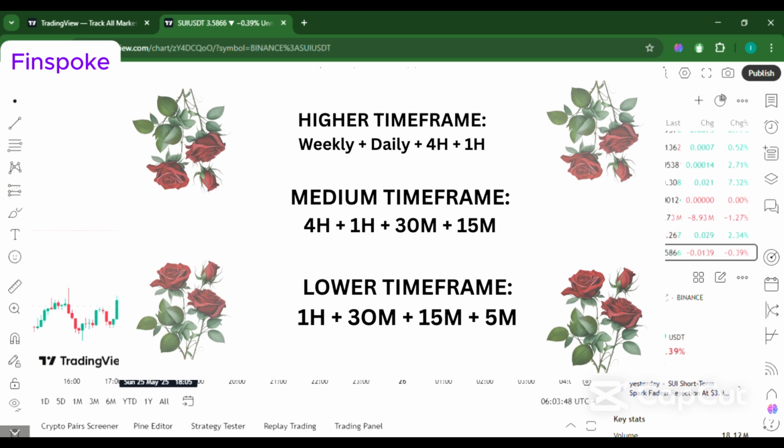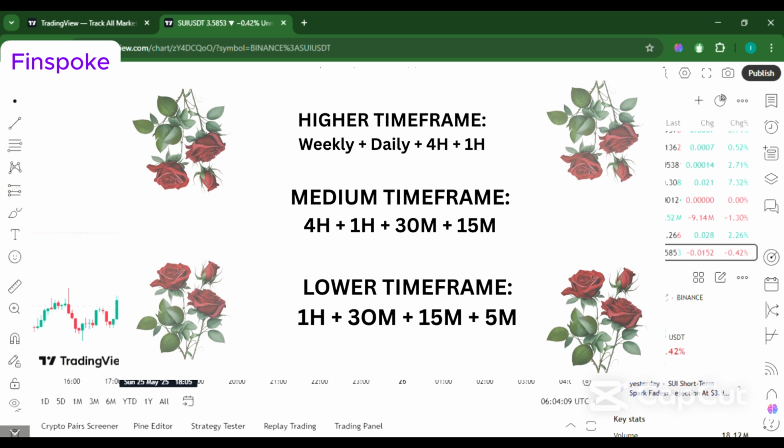There's something I also want you to note, and we call it time frame relevancy. It's very important. What I mean here is that when you are pairing time frames, do it logically. It is very wrong to jump from the daily time frame down to 15 minutes. I mean, the gap is too much.